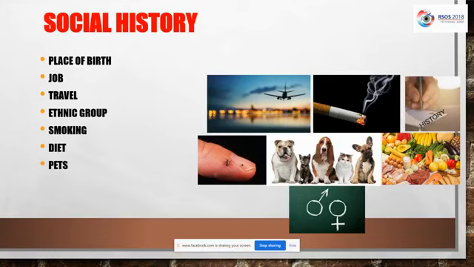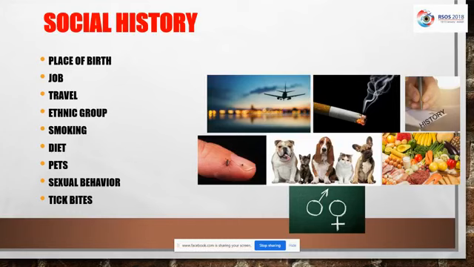Also, the growing of pets, like cats with toxoplasmosis and cat scratch disease, and dogs with toxocariasis, so it's very important. Sexual behavior, with history of sexually transmitted diseases and sexual activities, if you can ask about that, and if it's clear from the history that there is a clear history of sexually transmitted disease.